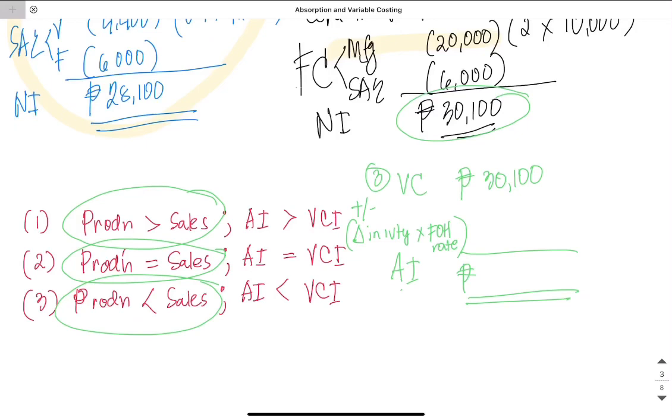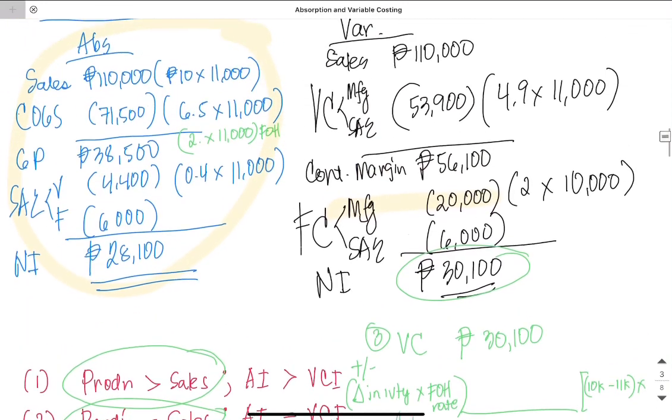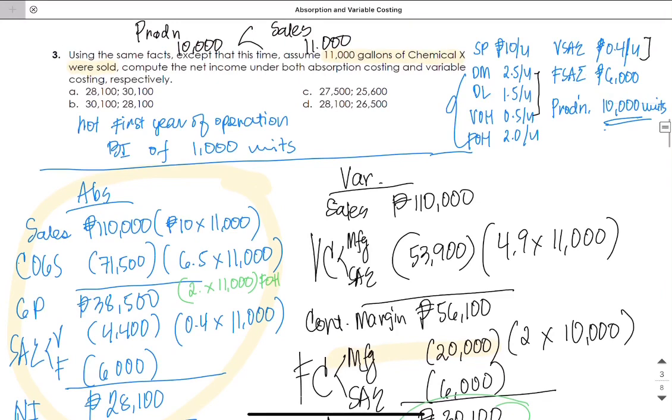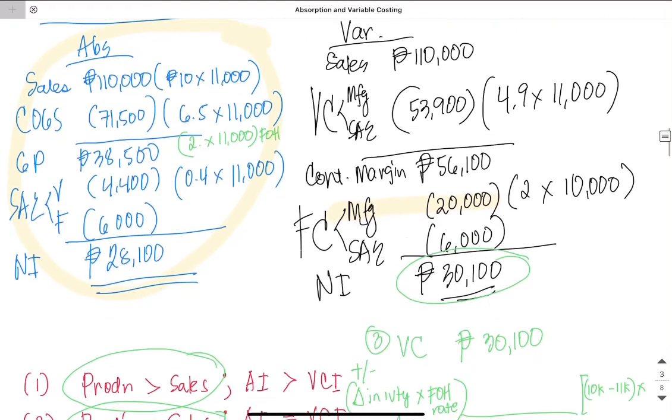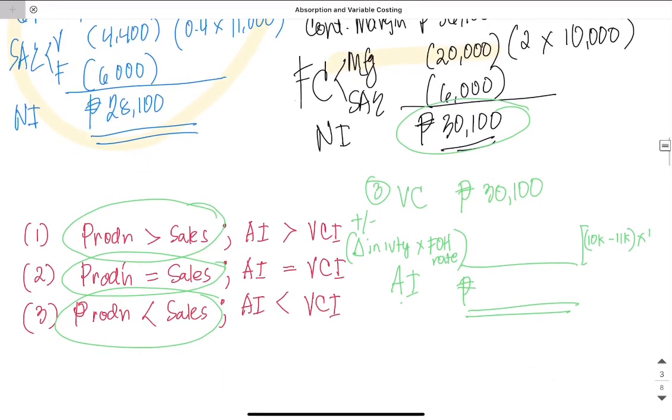Let's solve this one. How much is your production in question number 3? Our production is still the same, 10,000. 10,000 minus 11,000, times, what is our fixed overhead rate? Our fixed overhead rate is 2. So 10,000 minus 11,000 will give you negative 1,000.